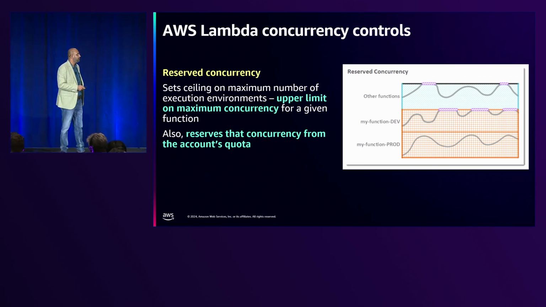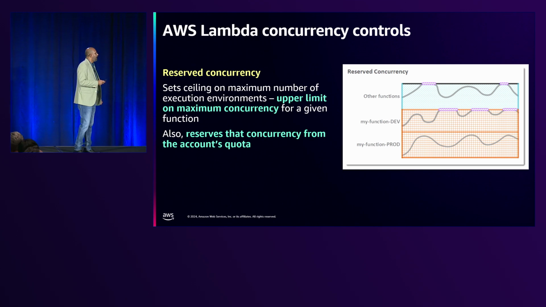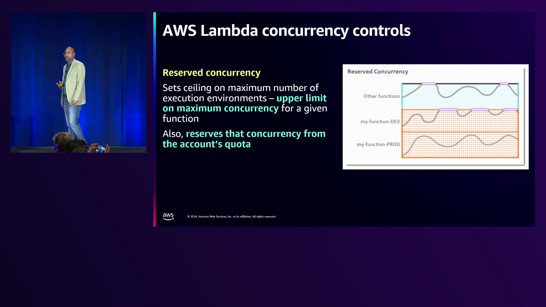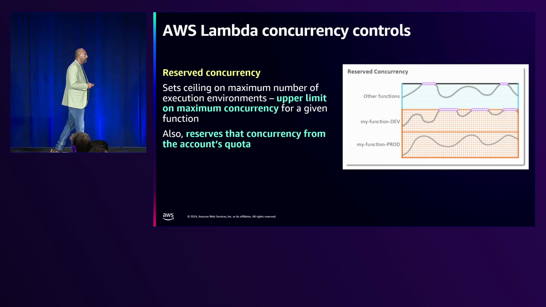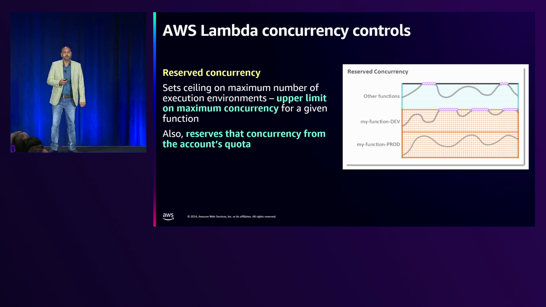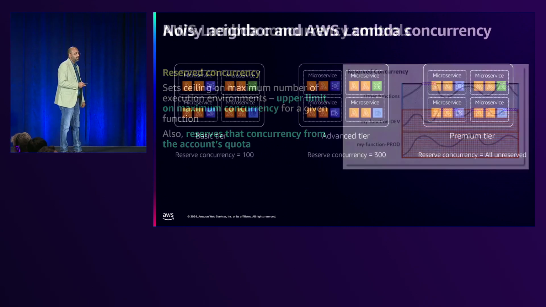That is where we also have something called reserved concurrency, which takes care of how many concurrent executions can happen for the respective Lambda functions. This reserved concurrency control helps us define those controls for throttling, which will help us avoid the noisy neighbor situations for Lambda based architecture.